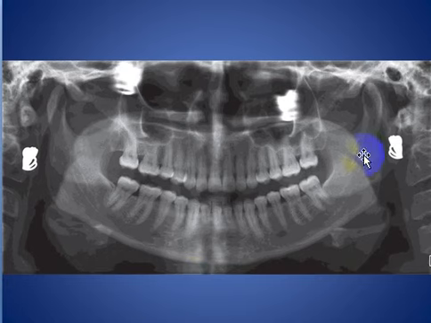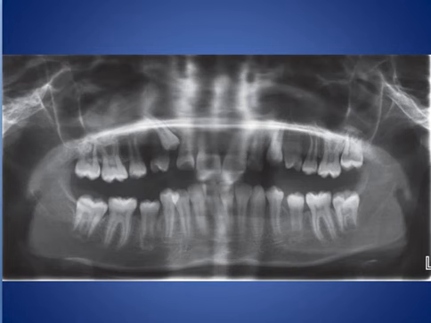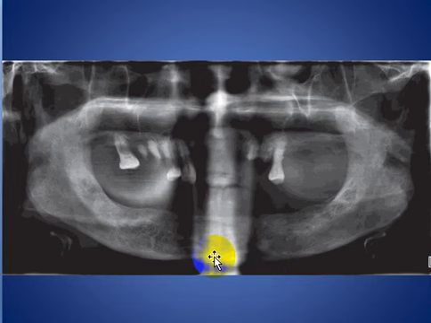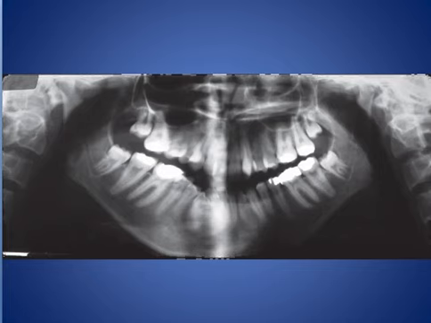Here, this is a ghost from the earrings, and here the patient is tilted too posteriorly. And here this is the shadow of the spine, and the patient is tilted more anteriorly, giving the panoramic a V-shaped mandible.